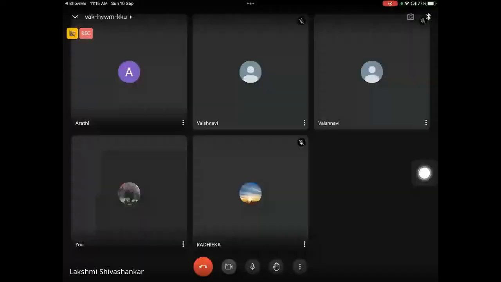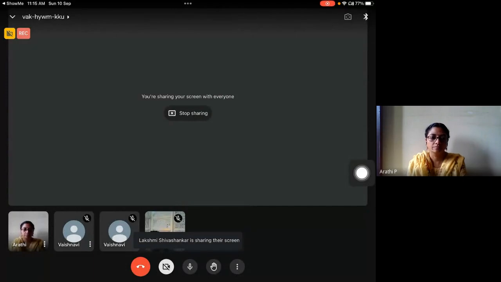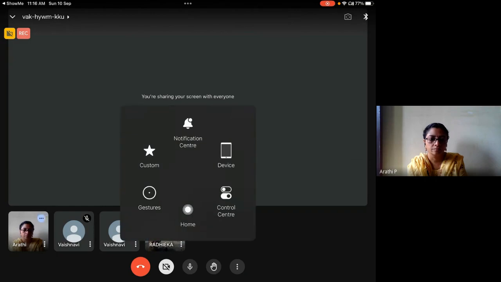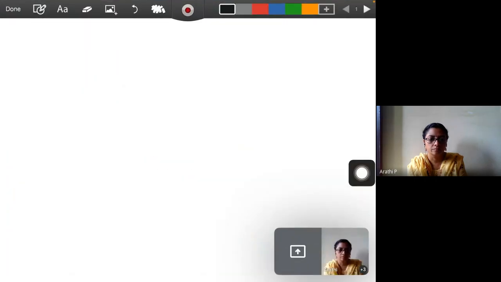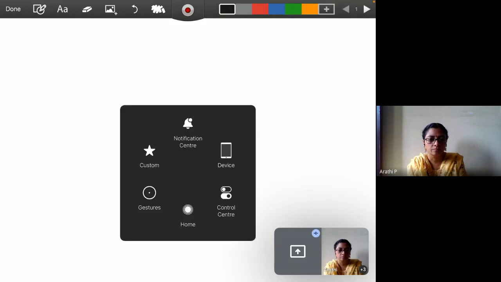Does it give you options like you want to share your entire screen or tab or window? No, that I'm not getting. That's the thing. That is not coming actually.